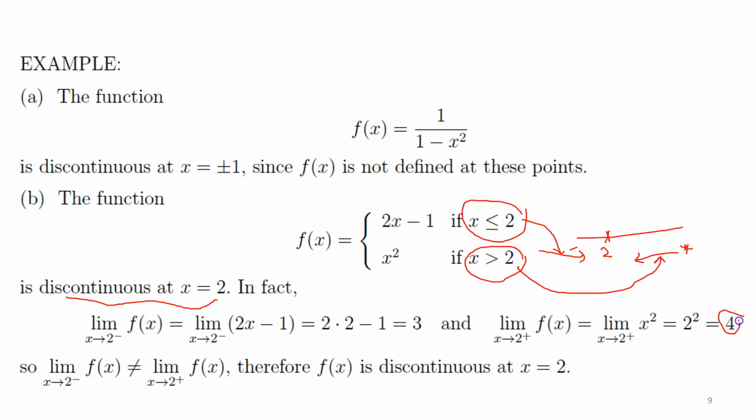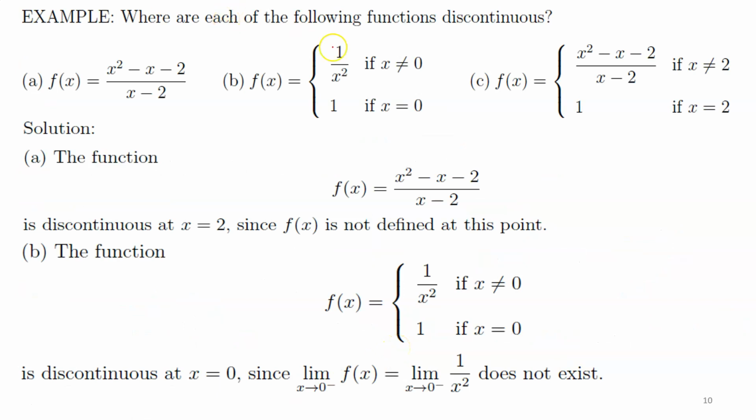So the answer is different. One is 4, another one is 3. This one is for 2 plus, this one is for 2 negative. Okay, this from the left, this is from the right. You get two different answers. So since the limit from the left and the limit from the right is not the same, therefore it is discontinuous. When it is discontinuous, it means the limit does not exist, because you have different answers, not the same.